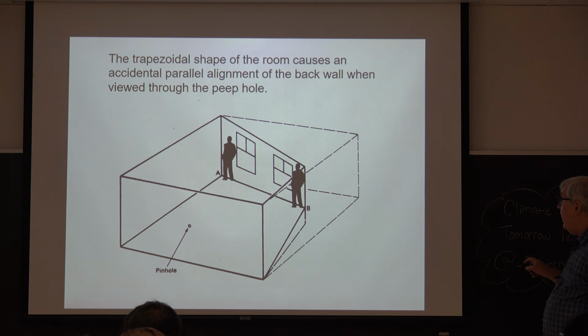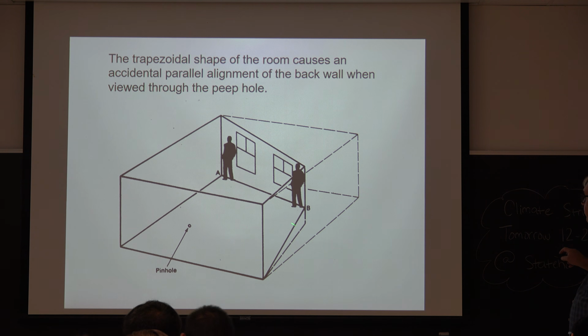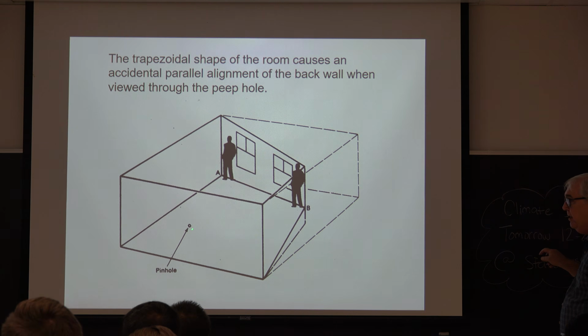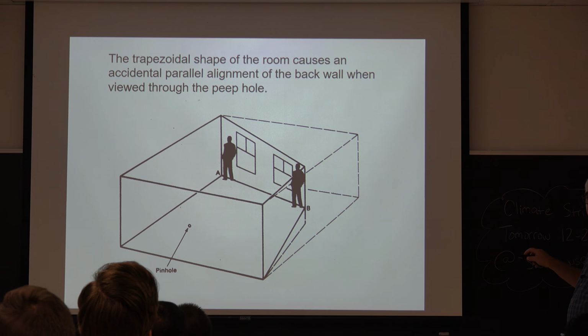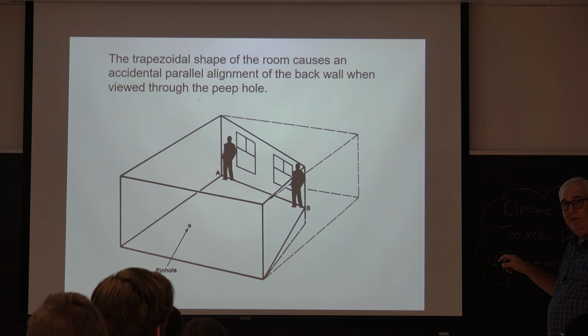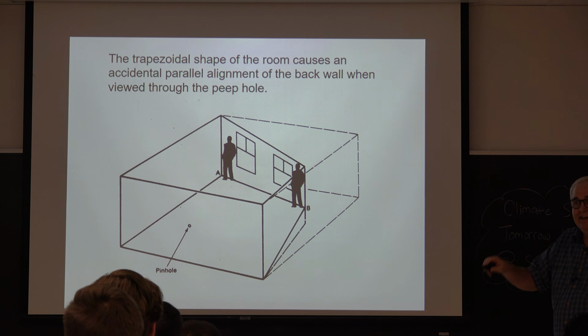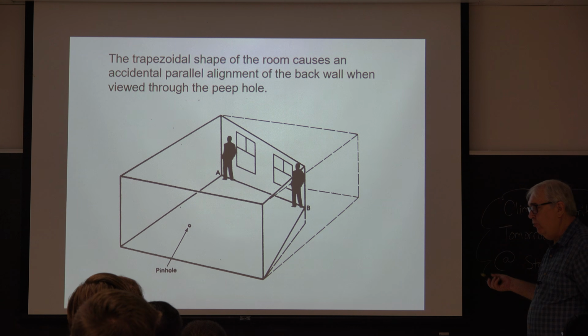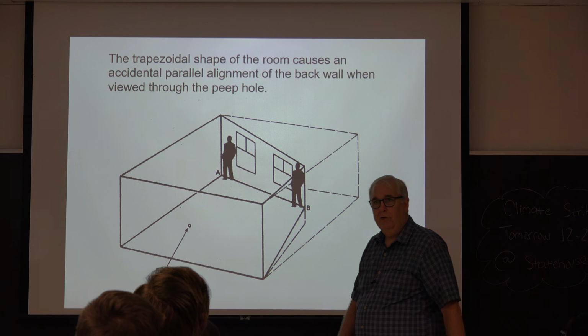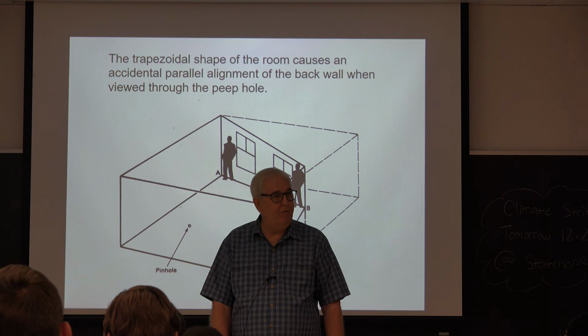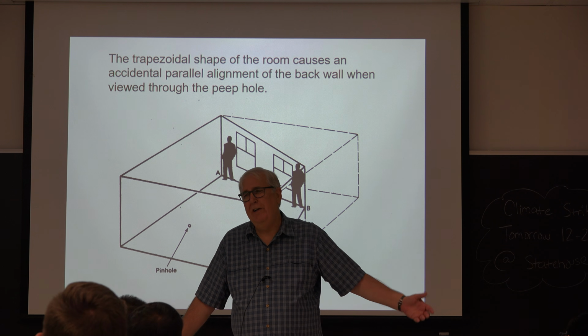So here's how you set it up. The room is actually a trapezoidal shape, as Zimbardo described. There's a specific vantage point, a pinhole here, where if you look at it through that pinhole, everything will line up just right. This illusion is due to a guy named Ames, who was a psychologist from the 1950s, and he constructed all kinds of crazy things.